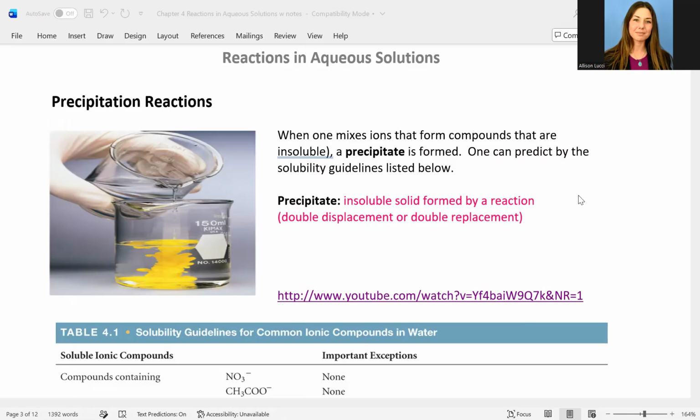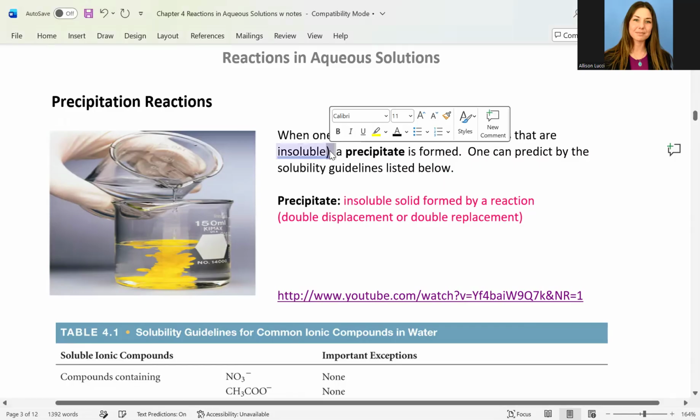So now we have the second video about reactions in aqueous solutions, where we're going to introduce precipitation reactions. When you mix two solutions with ions that are generally soluble, a precipitate can form when ions from two different solutions mix.